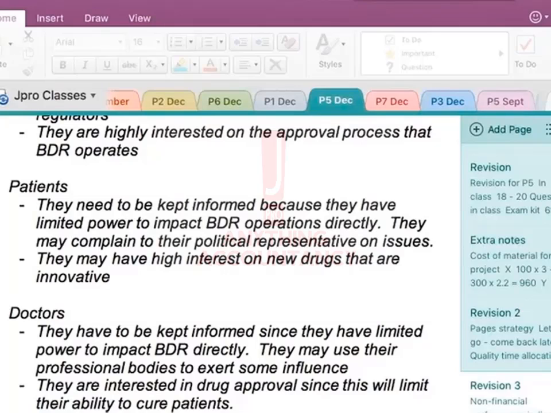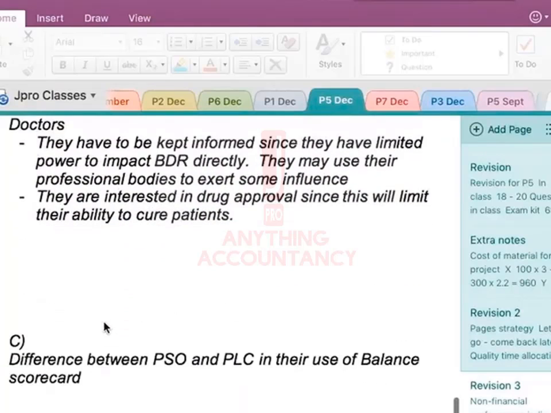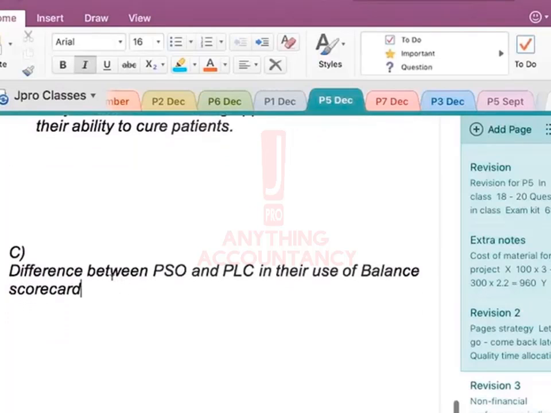Now let's move on to the next part. Okay, the next part is going to be part C, the difference between the public sector and also the private sector, yes or not? So what's the big difference?